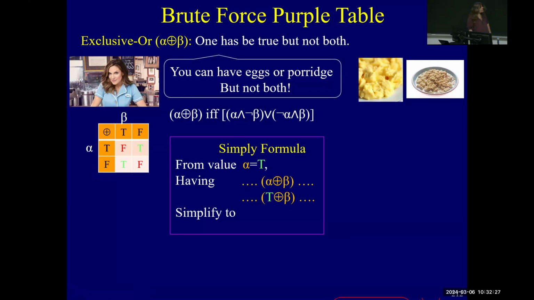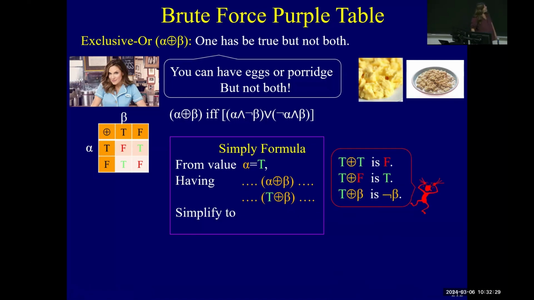Yeah, you can simplify it to beta is false. Why? Because if beta is true, then we get false, and if beta is false, you get true. So that's why we can simplify it to not beta. Everybody good with that?